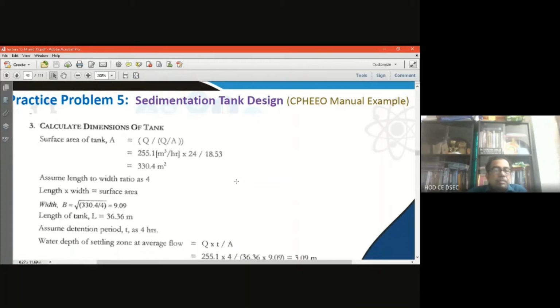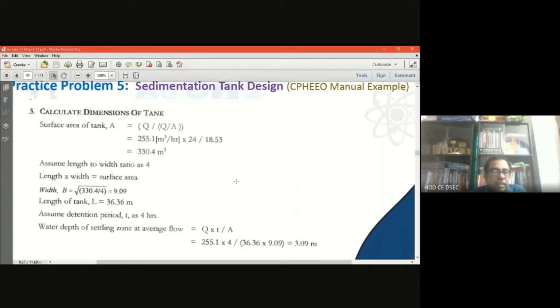the dimension of the tank, slowly, because this is the design of the tank, so you have to find out the dimension of the tank. So what is the surface area? If you know the Q and if you know the Q by A, simply dividing the discharge by Q by A, you will get the surface area of the tank, that is the base area, plan area of the tank.